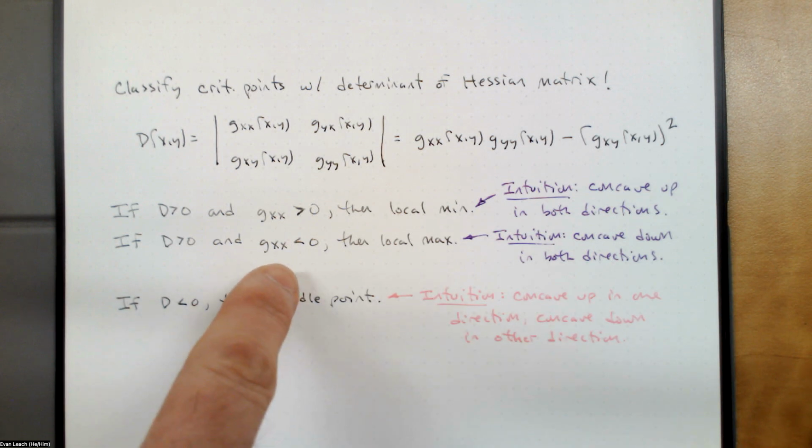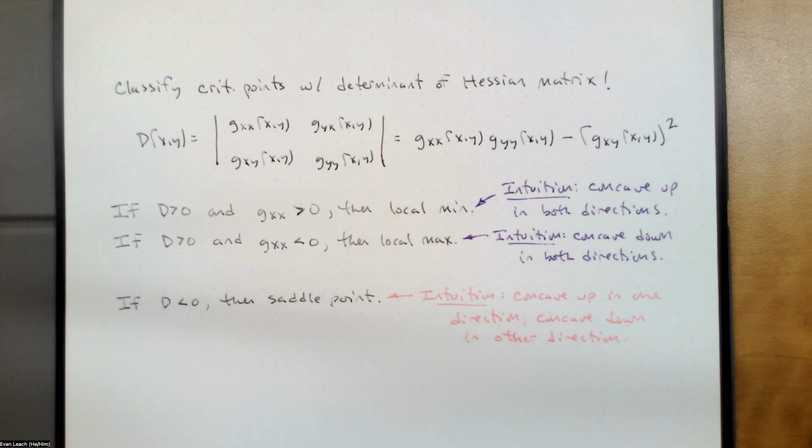That's why I only have to look at one. If D is positive and gxx is positive, gyy has to be positive as well. Otherwise, we messed up, or complex numbers have snuck into our problem, and we need to get them out of here. This is real analysis. I mean, calculus. So when D is positive, that's telling us that gxx and gyy must have the same sign.